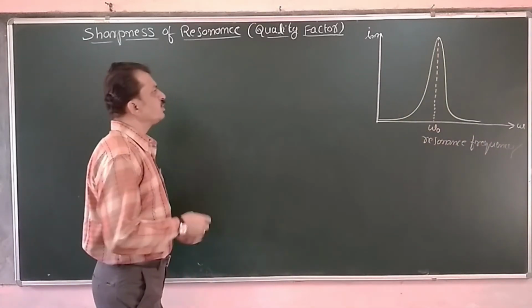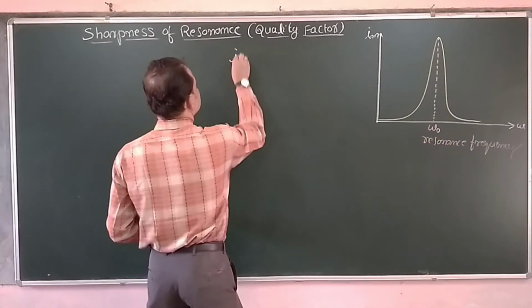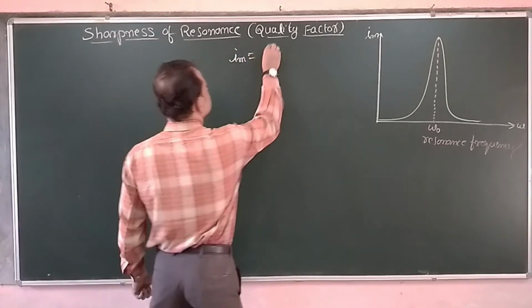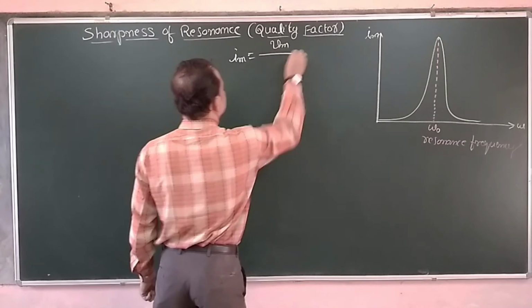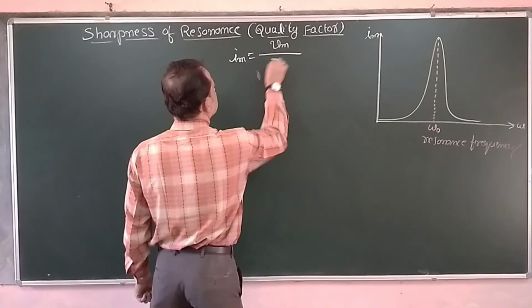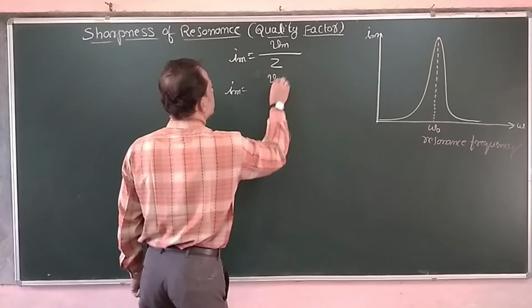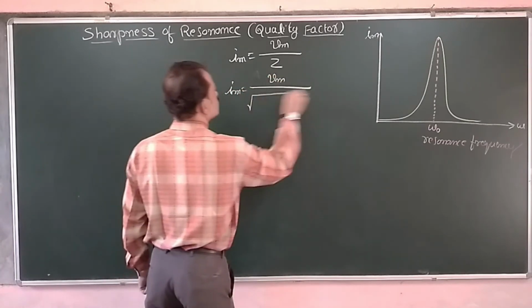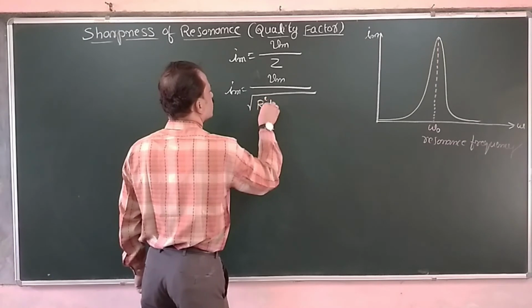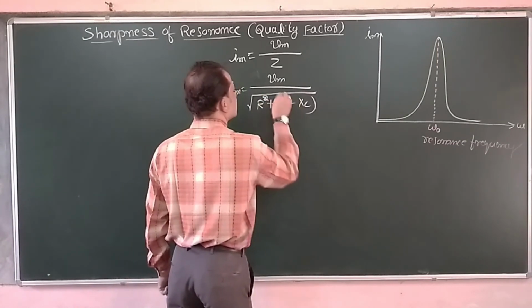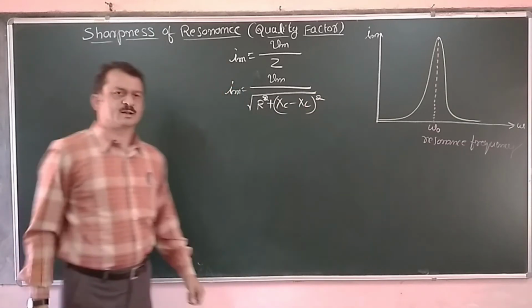And we know that the expression for current in the case of an LCR circuit is given by Im is equal to Vm divided by Z, or Im is equal to Vm divided by square root of R square plus Xc minus XL whole square.